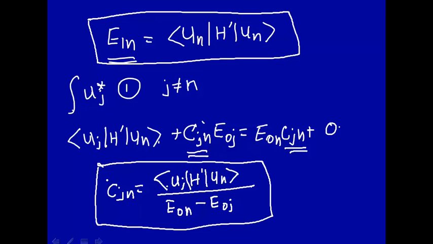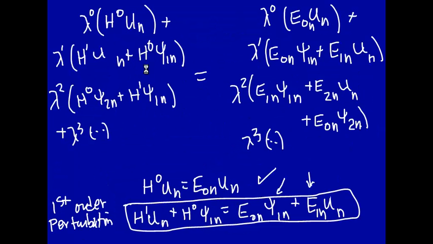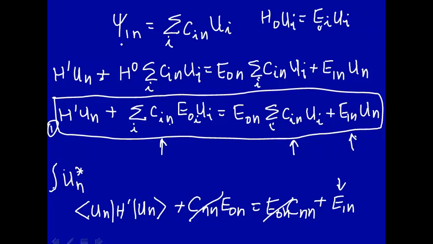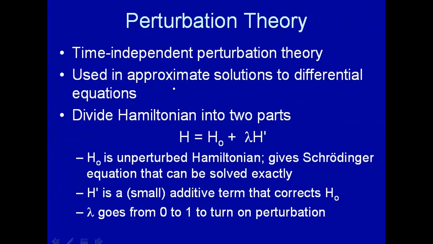For the energy, the first order correction to the wave function is this integral. Again, it's zeroth order wave functions with a first order perturbation here divided by these energies. Everything is known here, so you can calculate what the coefficients are for the wave function, and you know those, therefore you can describe that. So that's what first order perturbation theory is all about.